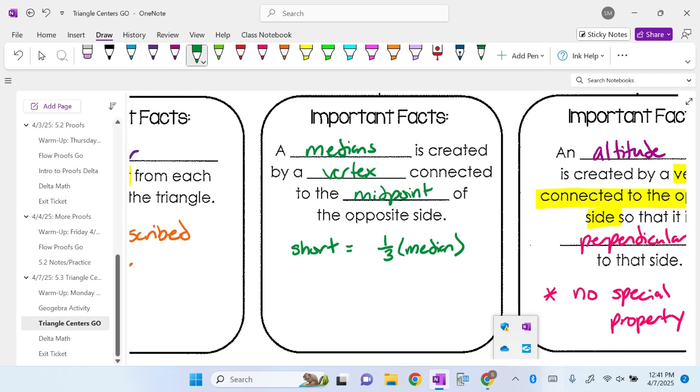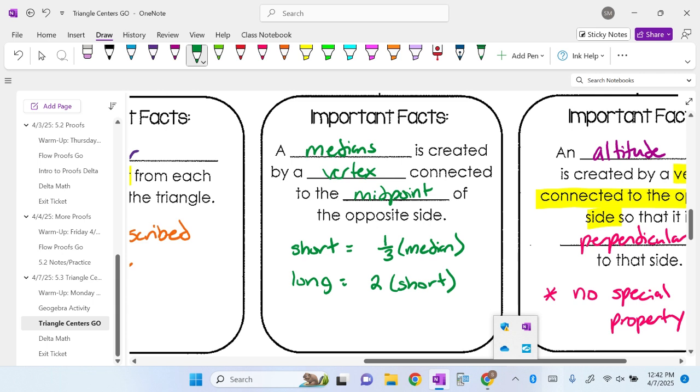Guys, multiplying by 1/3 is the same as dividing by what? 3. So it's the same thing as dividing by 3. Now, the long segment you can find by 2 times the short. So all you do is just double the short.